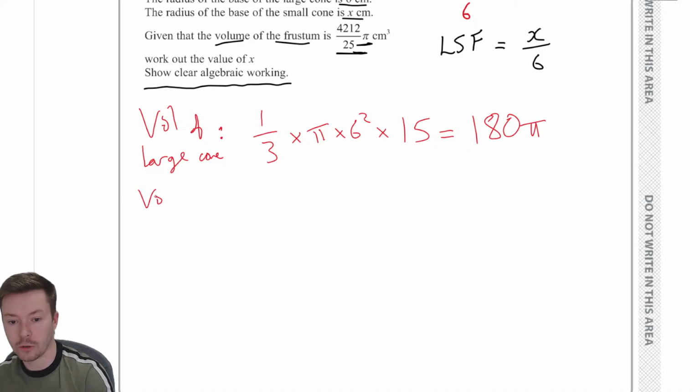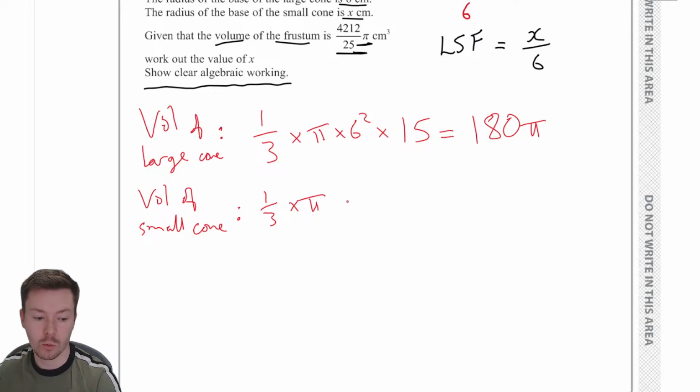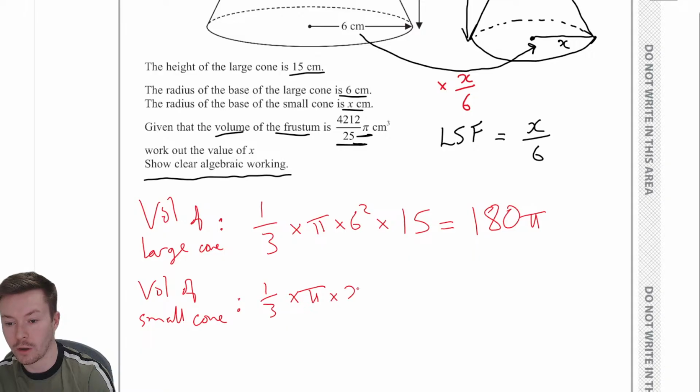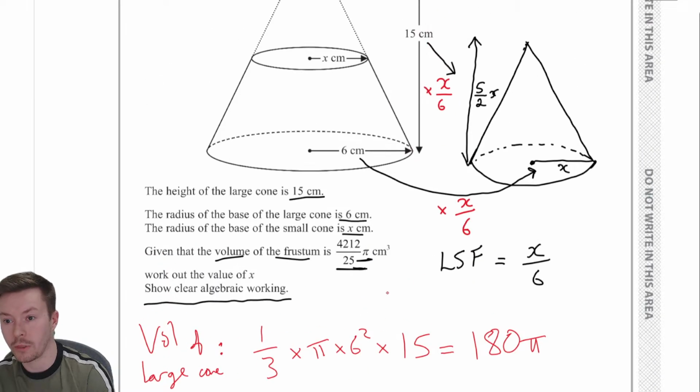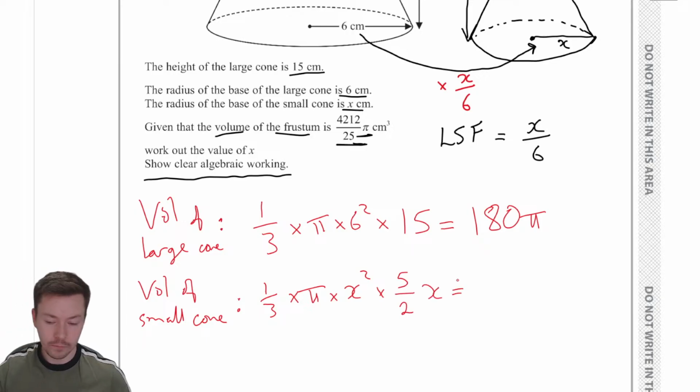And then I'm going to do the volume of the small cone. So that's a third times pi, and the radius for the small cone is x. So that would be times x squared times the height, which is 5 over 2x. We need to simplify that.